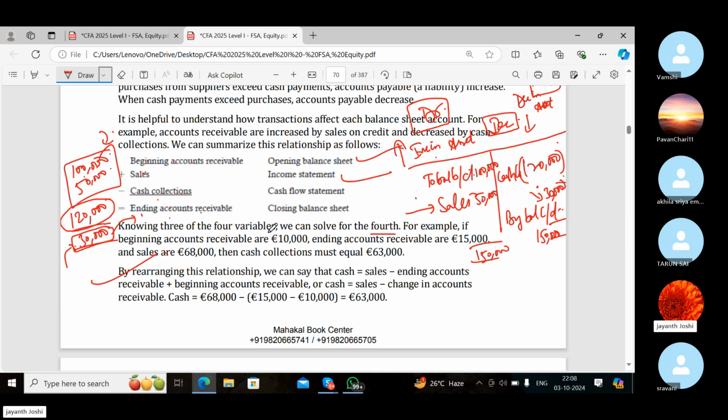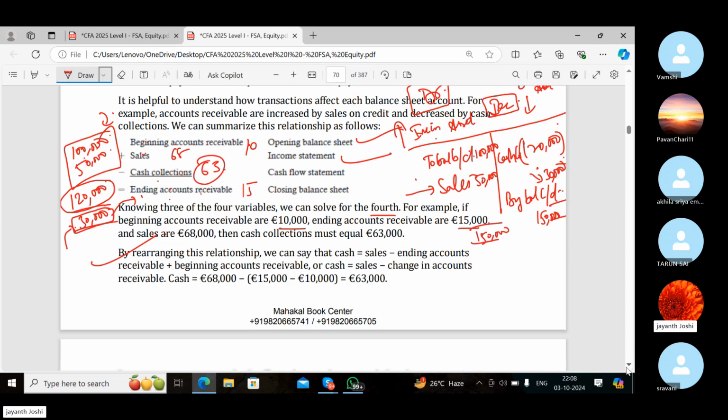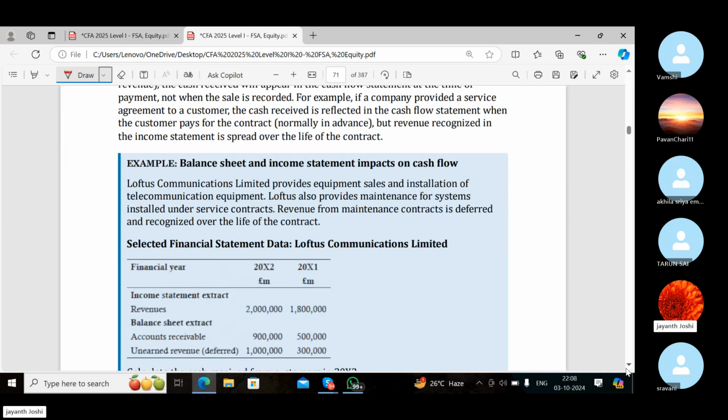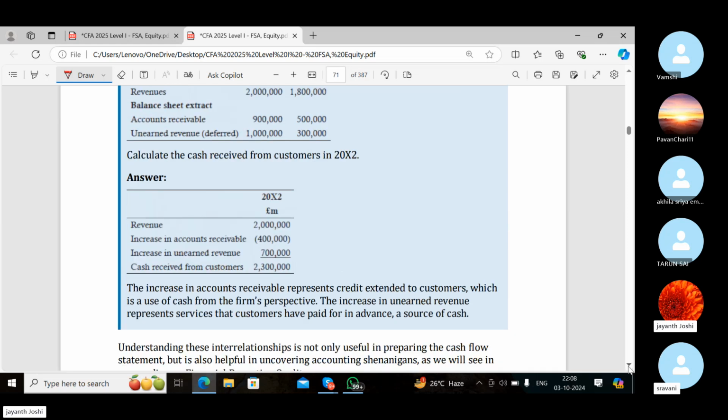For example, if beginning account receivable is 10, ending is 15, and sales I've done 68, then 78 minus 15, 63 is the cash collection. So you can do it either way. Now I'm giving you an example. Can you do this question?